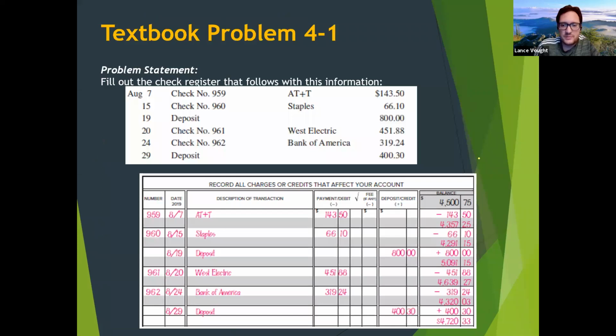So here's an example. Is this a debit or a credit? Let's go through these and don't look at the bottom, but just for identification purposes, is check 959 a debit or a credit? You can drop in the chat plus or minus. Minus if it's a debit, plus if it's a credit.